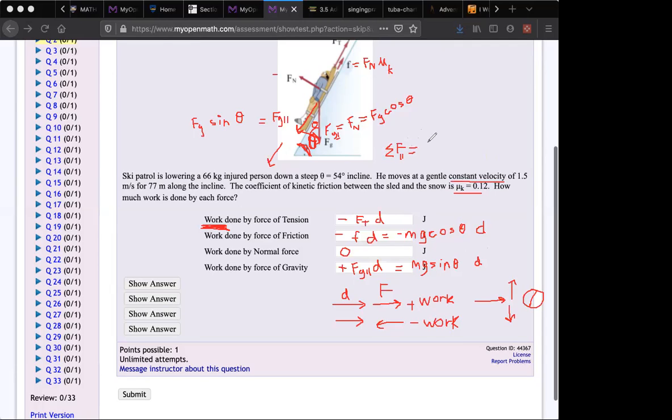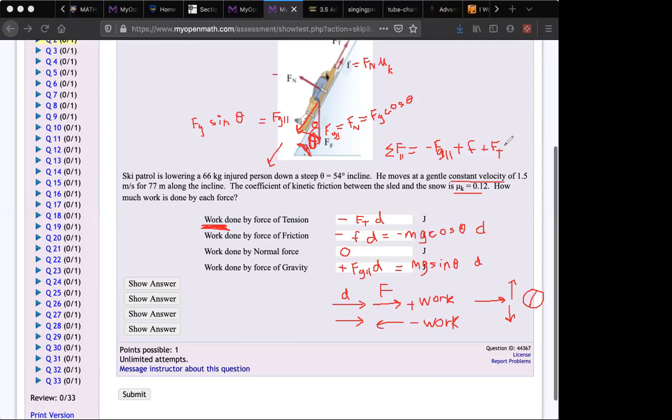And that means that our FG sine theta, which is FG parallel, we're calling that one negative, or we can call it positive, it doesn't matter which one we call it. But the other two have to be negative if this one's positive. Either way this works out, it has to equal, plus the force of friction plus the tension. All of those have to add together to equal 0.